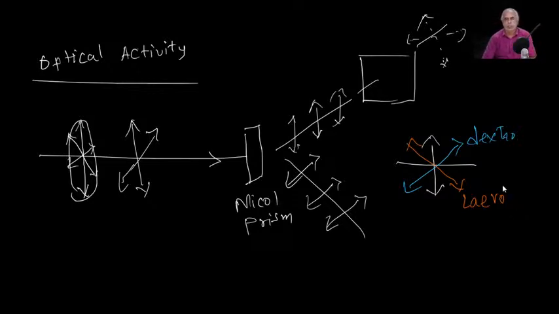So dextro isomer, levo isomer, that is D isomer and L isomer. Okay, take down. So dextrorotatory, levorotatory.